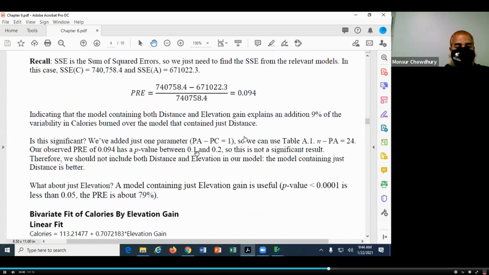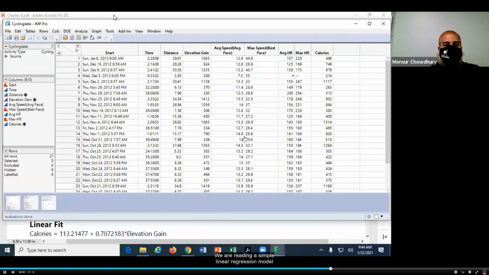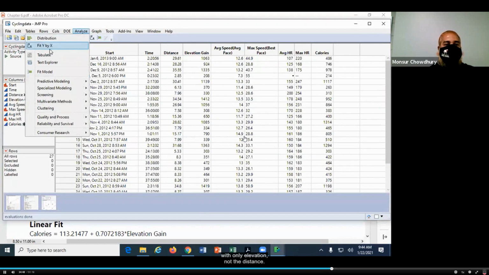Okay, now the question is, what if we just add elevation in our model without the distance? Let's do this one. We are fitting a simple linear regression model with only elevation, not the distance.